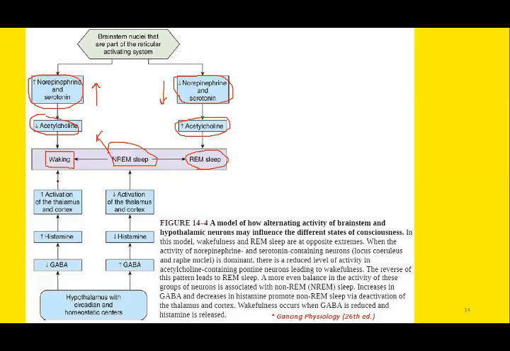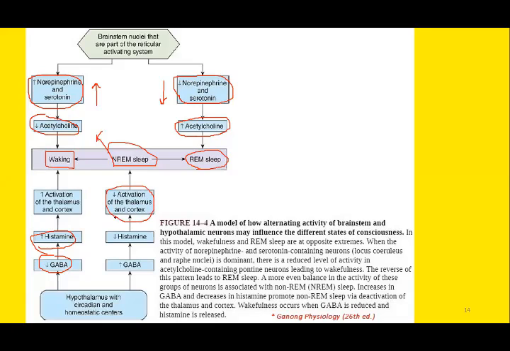This will activate the thalamus as well as the cerebral cortex and histamine will be released. Greater the amount of histamine release, lesser will be the amount of gamma amino butyric acid. And the opposite is true for non-REM sleep. So during non-REM sleep, the activation of the thalamus as well as the cerebral cortex is suppressed.